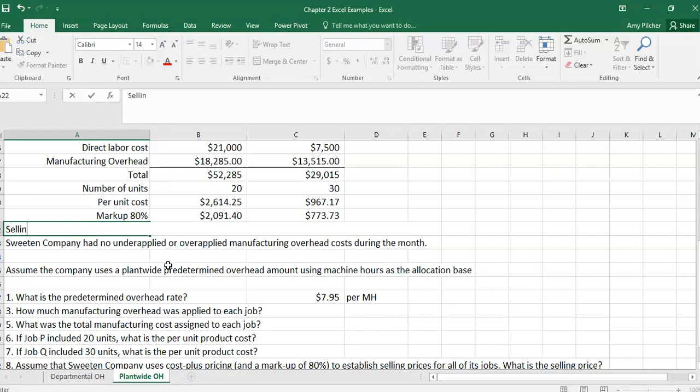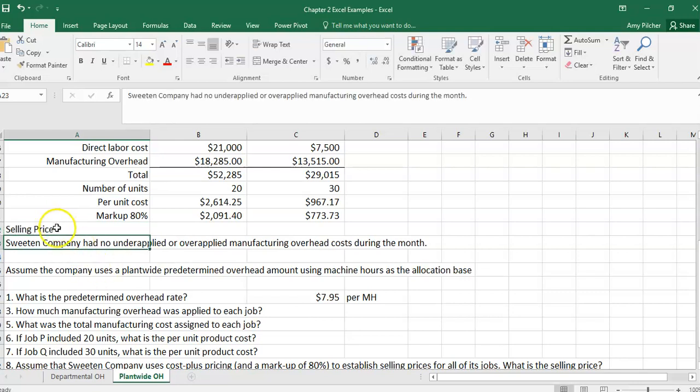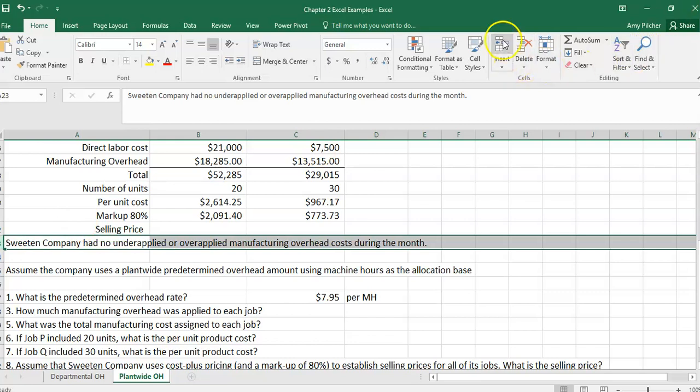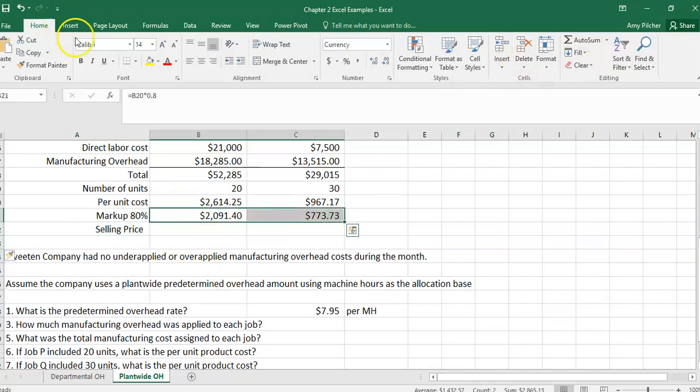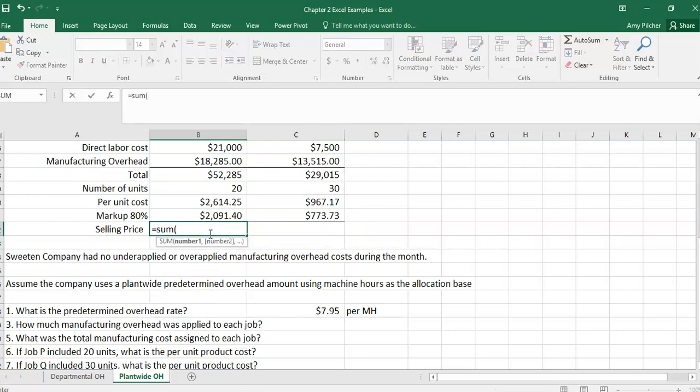We add the markup to our per unit cost, and that gives us our total selling price.